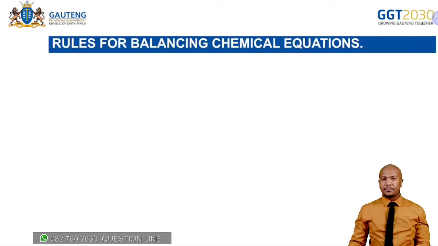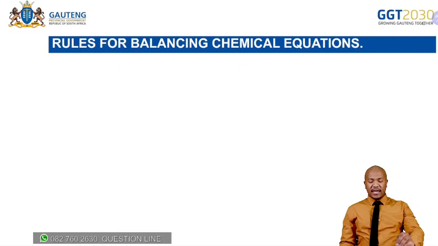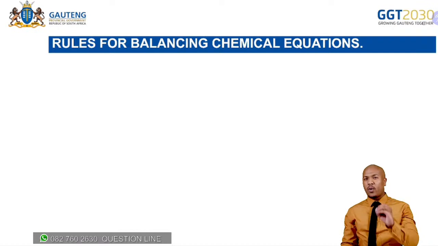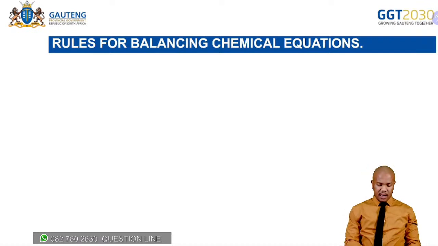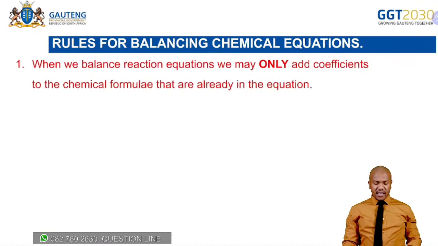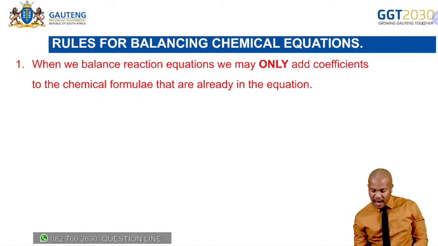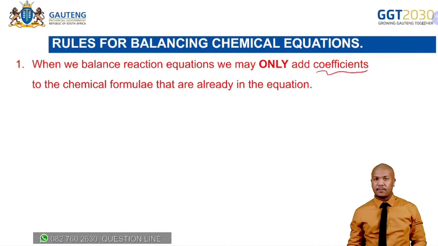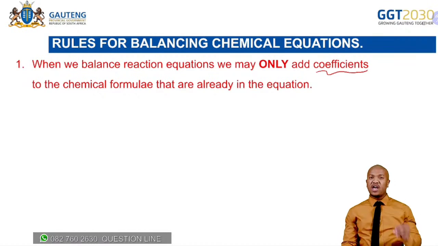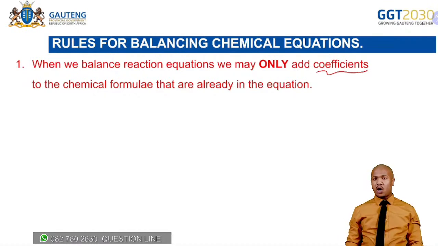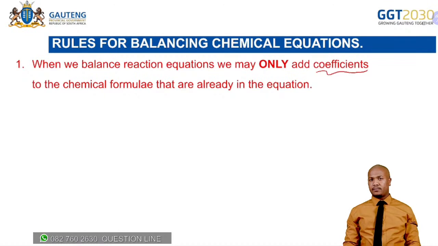Now moving on. We're looking at the rules for balancing chemical equations. Here's the first rule. When we balance chemical equations, we may only add coefficients to the chemical formulae that are already in the chemical equation.